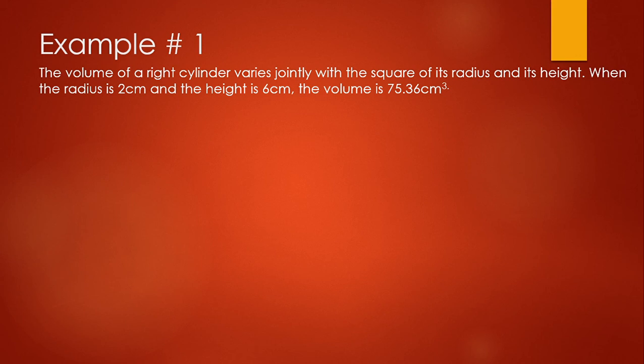First we can draw what is given in the problem. It says here that it is a right cylinder, so we can draw a right cylinder. Let's assume that my drawing is perfect. It says here that the radius is 2 centimeters and the height is 6 centimeters.